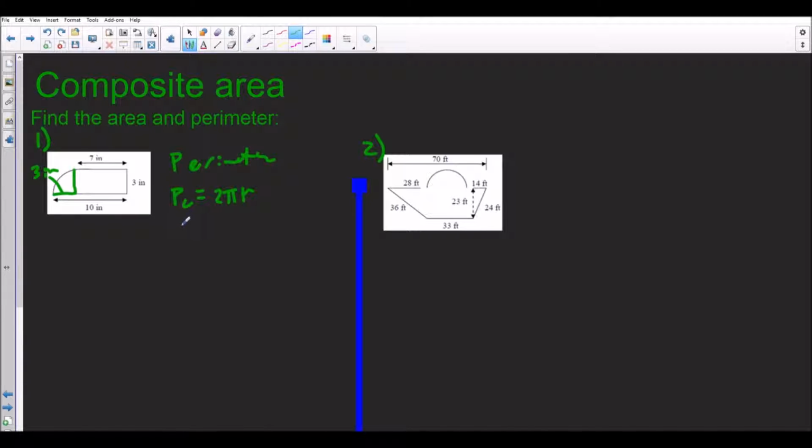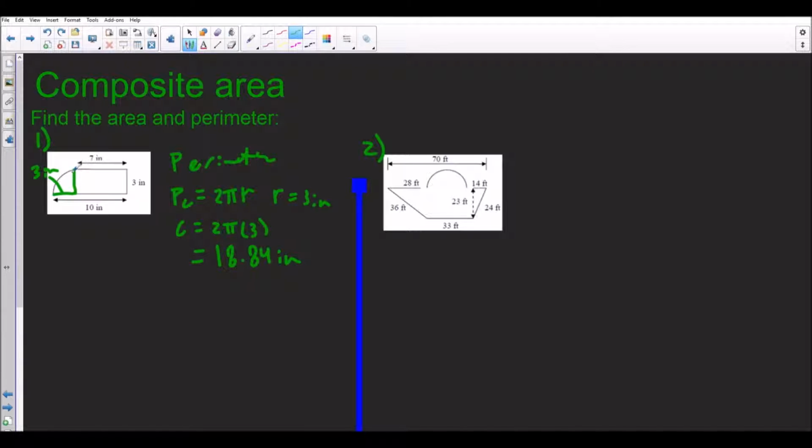So r would be equal to 3 inches. So the circumference is going to equal 2 pi times 3, which I got to be 18.84 inches.